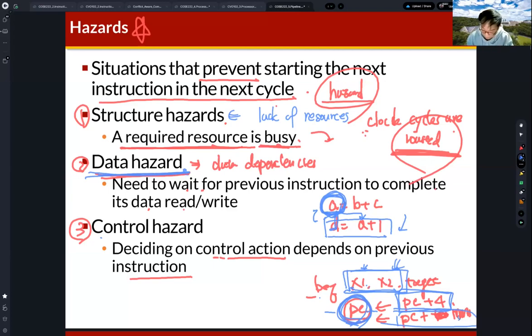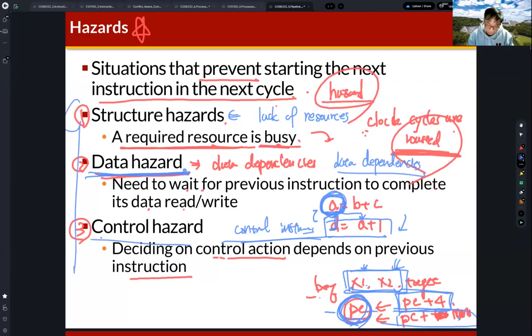For the data hazard, the clock cycles are wasted because of data dependencies. So this is data hazard. For control hazard, clock cycles are wasted because of control instructions, like the PQ branch or jump, and also other instructions such as exceptions. Okay, control instructions.